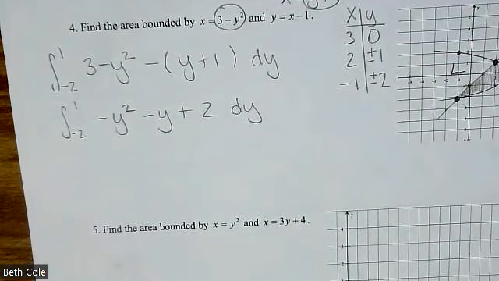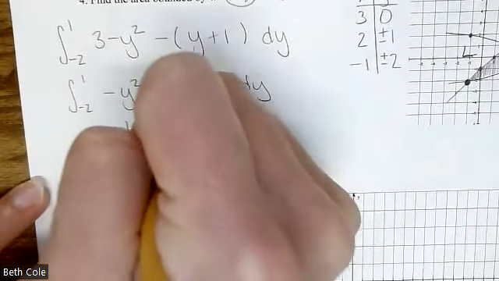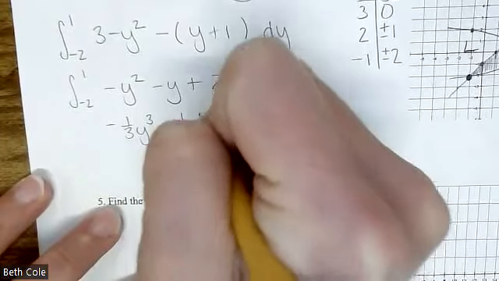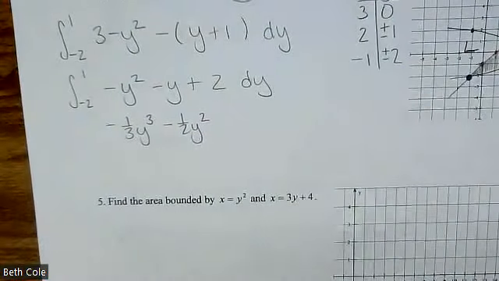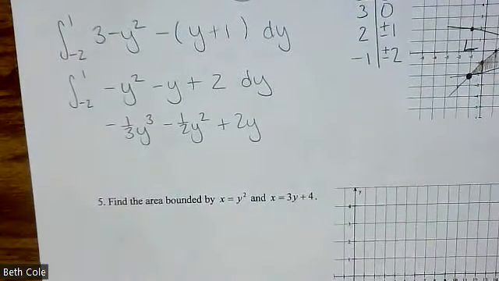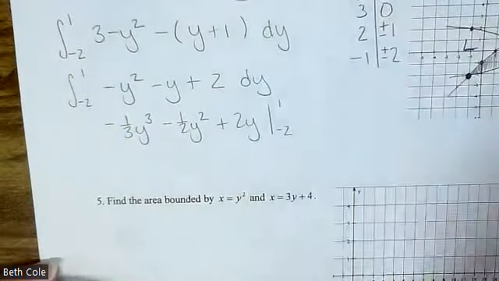And then your antiderivative, negative 1/3 y cubed, I will write a cube this time, minus 1/2 y squared. And then the common mistake is people write plus 2x. And I totally get why that happens. I get it, but it needs to be plus 2y. Again, just look through, and if you have x's and y's jumbled together, then that's not right. All right, such that negative 2 to 1.